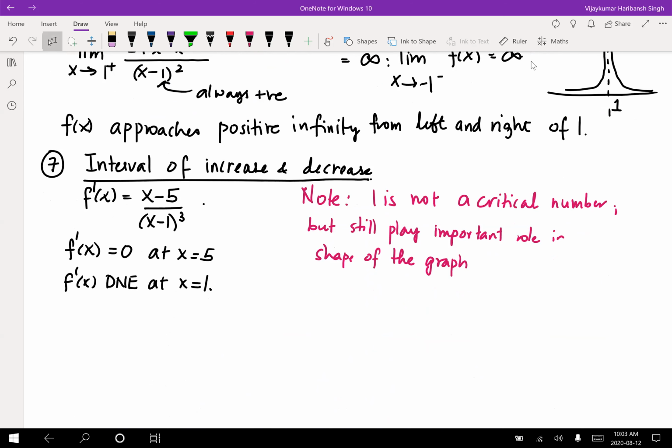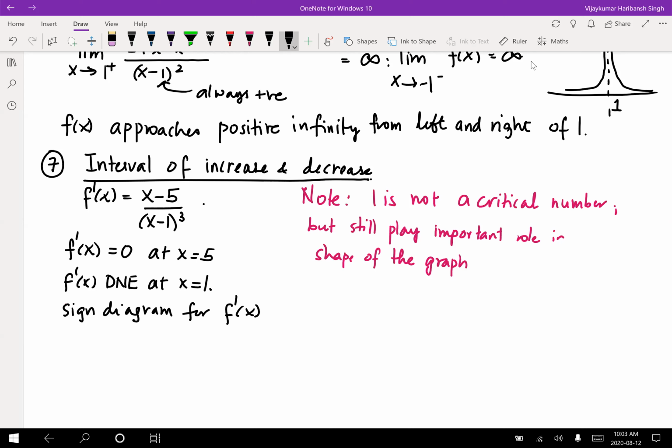So what we'll do is we'll do a sign diagram for f prime x.